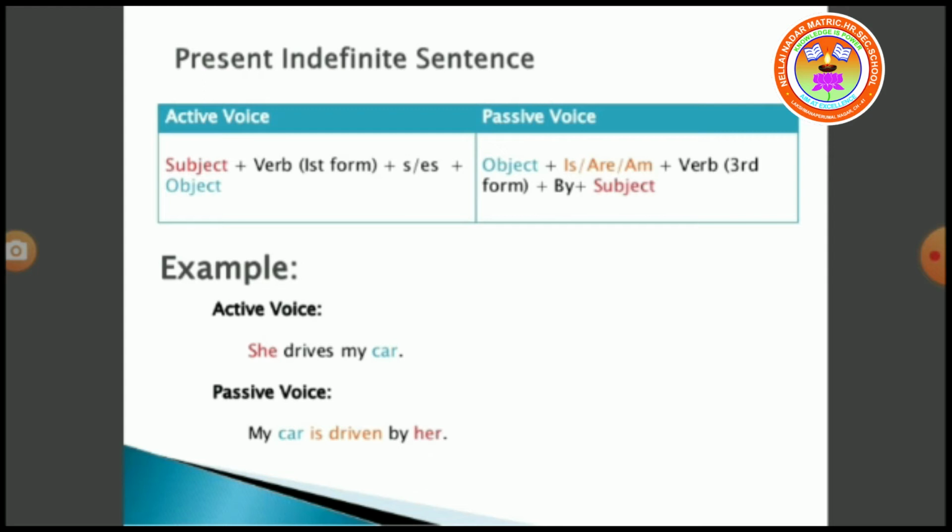For example, the same sentence, she drives my car, can be changed into my car is driven by her. Here we begin the sentence with the object, followed by the verb is driven and the word by, then the subject she becomes her.